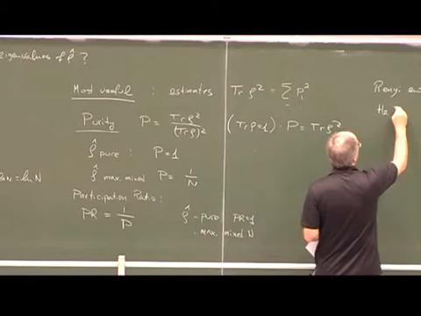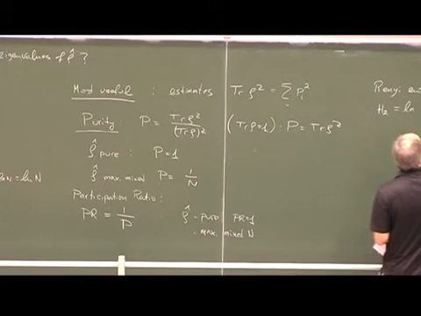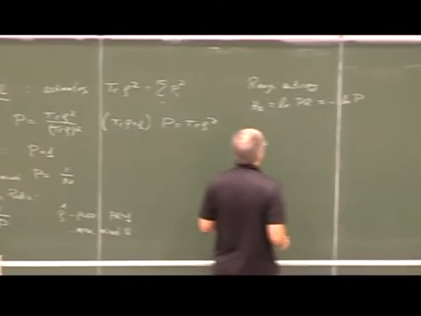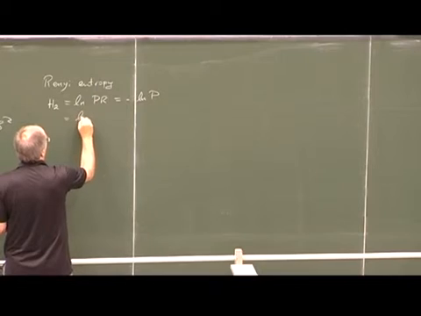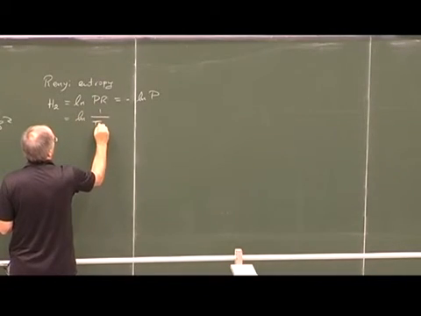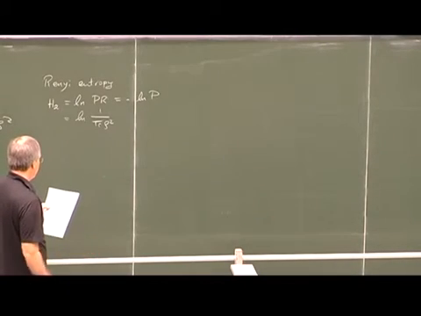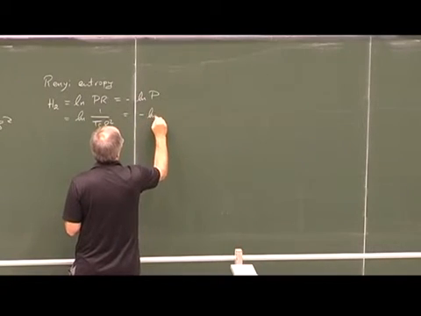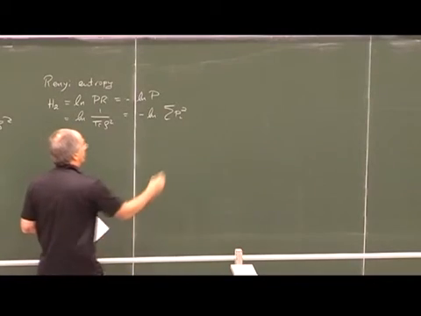And this H2 is the log of the participation ratio, or in this case, minus the log of P. So it's the log of 1 over trace rho squared, if rho is normalized. And you see this is equal to minus log of the sum of p_i squared.